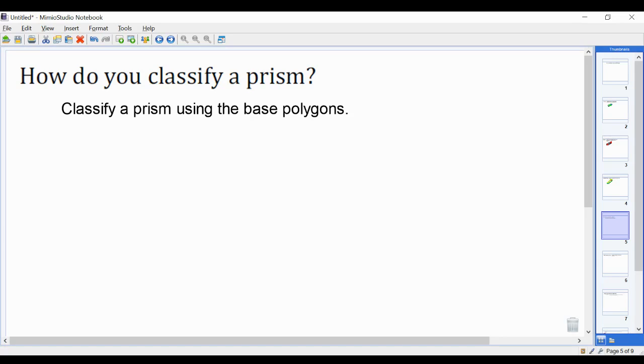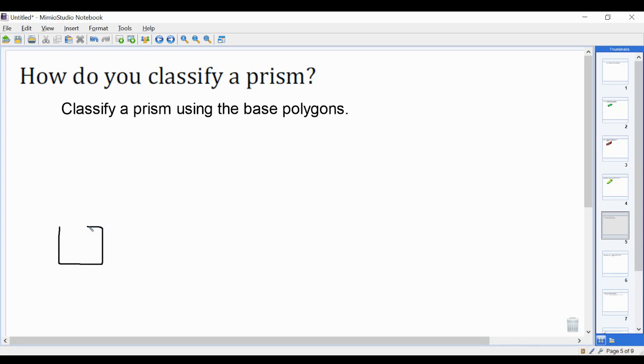How can we classify a prism? Well, we're only really going to concentrate on two types of prisms in this unit, and we classify them based on the base polygons. So I've drawn this diagram a couple times now, I'll draw it once more.